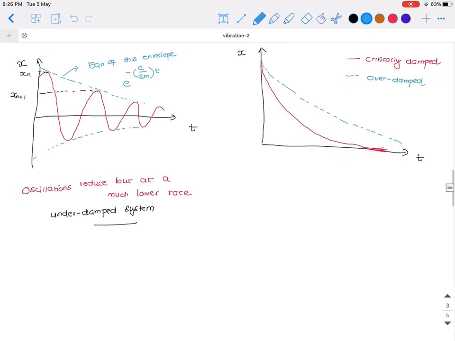Okay, so the critically damped is most relevant for us because it implies the fastest decay of amplitude and return to equilibrium. Okay, so this is very important in design.